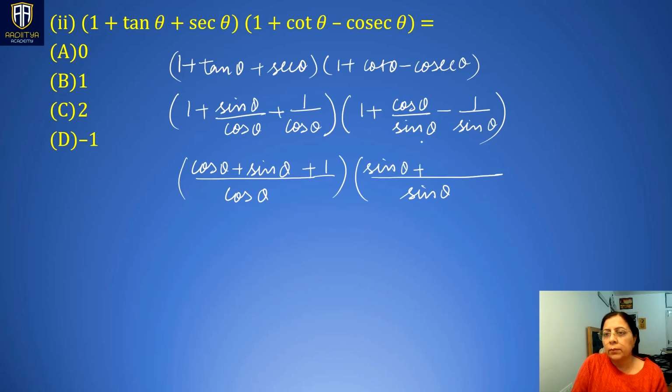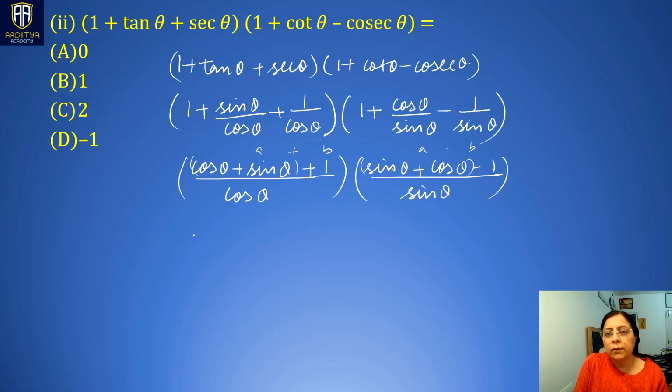Next we have 1 multiplied by cos theta is cos theta, minus 1 multiplied by 1. So now, see, in the numerator we have cos theta plus sin theta plus 1. If we treat cos theta plus sin theta as our A, and 1 as B, then the first bracket is A plus B. In the second bracket it becomes A minus B.